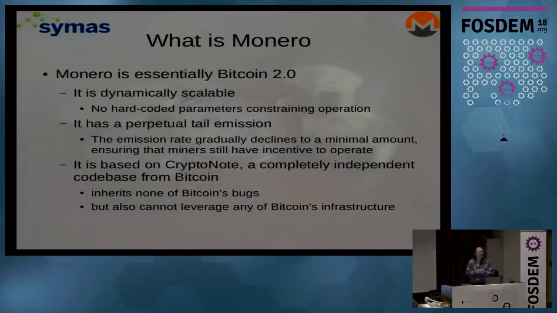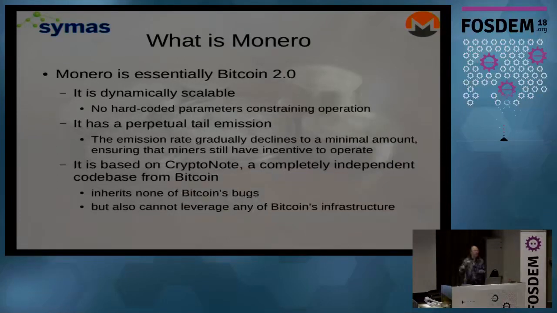Most of the interesting network parameters in Monero are dynamically adjusted, self-adjusted. So there are no hard-coded constants like block size or fee levels, right? And unlike Bitcoin, it has a perpetual tail emission, which means there's a coin emission curve that says over the course of time, fewer and fewer coins get produced. But that curve of emission never hits zero.